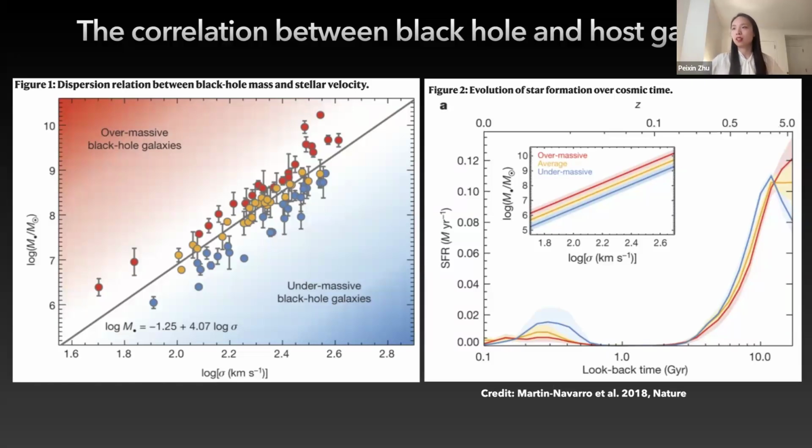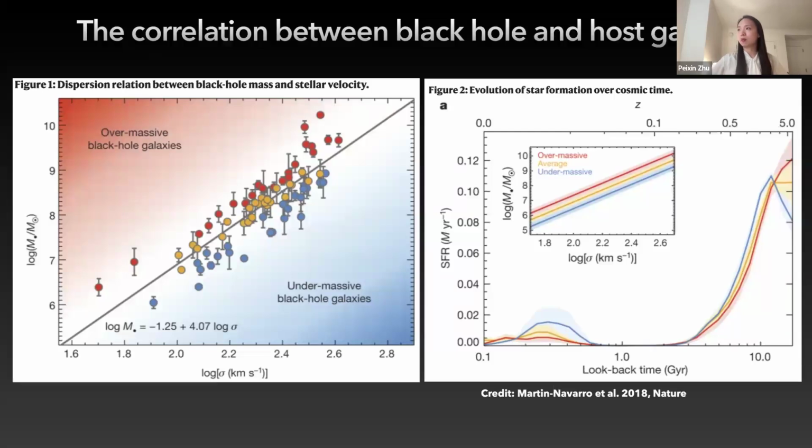It means that in their evolution history there must have been a period where their star formation rates were lower than previously, and so they formed fewer stars at the same black hole mass. And there is another population, in blue, called undermassive black holes.